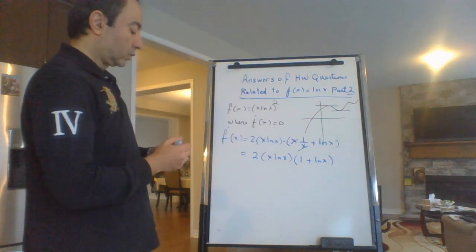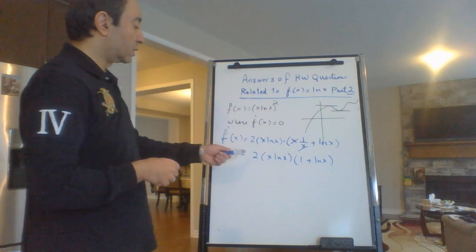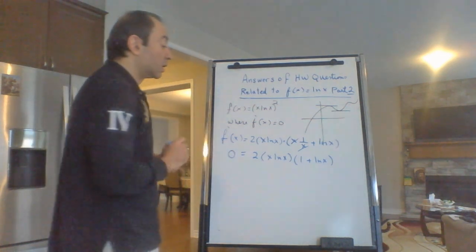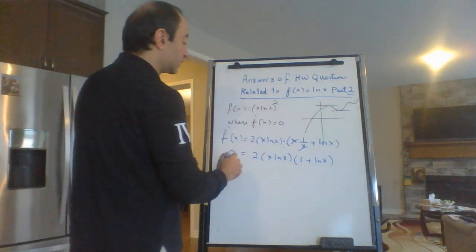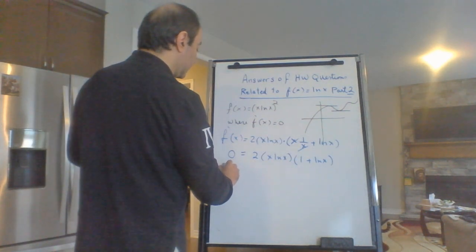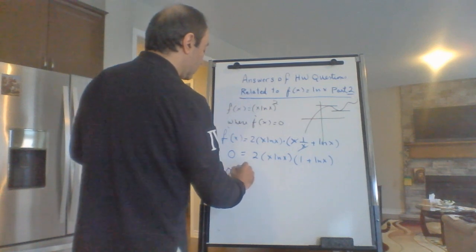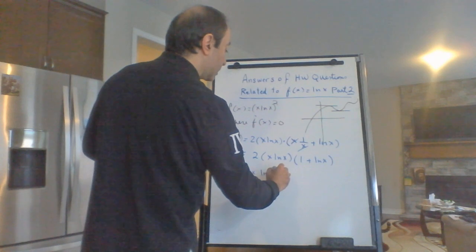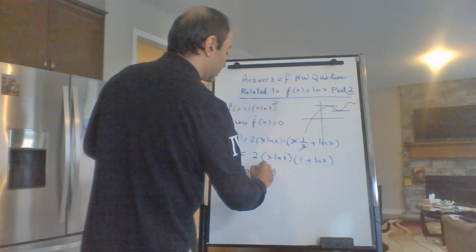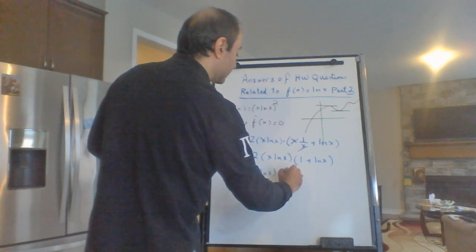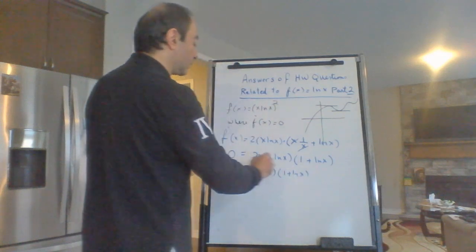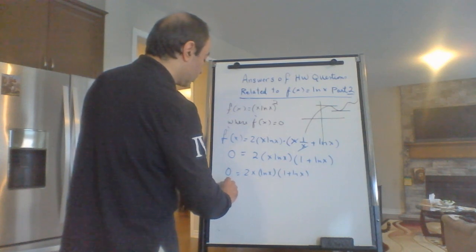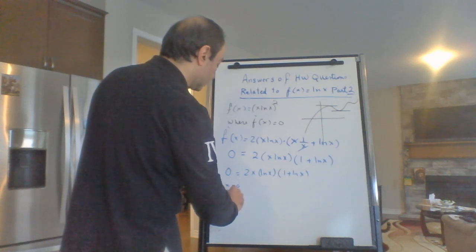Okay, in order to find all the values, I want to solve the equation of this and make it equal 0. So those are three things multiplied together. I can write this as 0 equals 2x ln x times (1 plus ln x). So I need to find the values of x that will make each one of those 0. So here 2x equals 0, that means x equals 0.